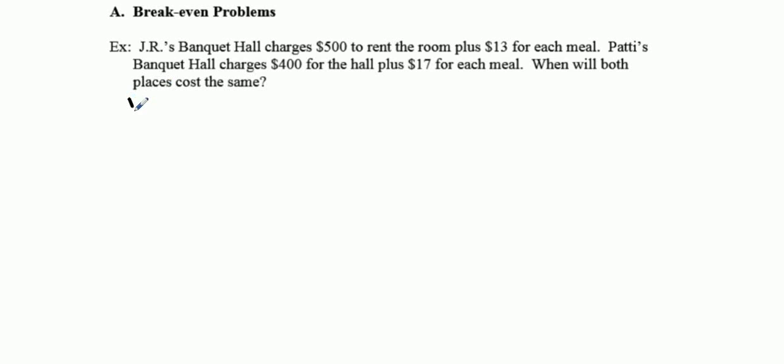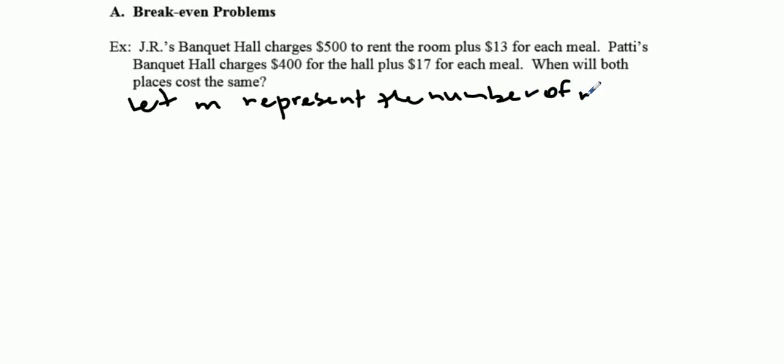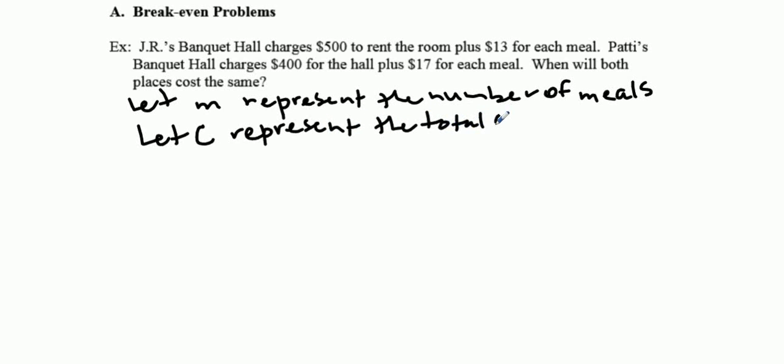So we're going to say let M represent the number of meals, and there's no units for that, and let's use capital C represent the total cost, and we're really talking about the total cost of either JR's Banquet Hall or Patty's Banquet Hall, and the cost is represented in dollars.